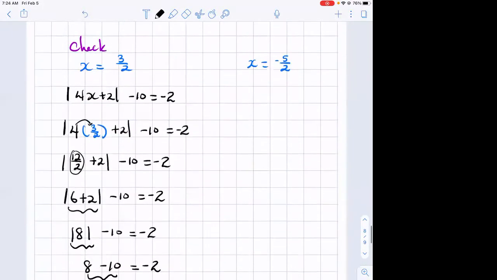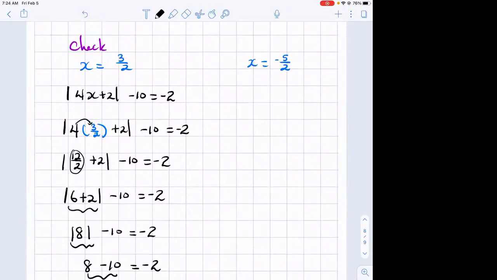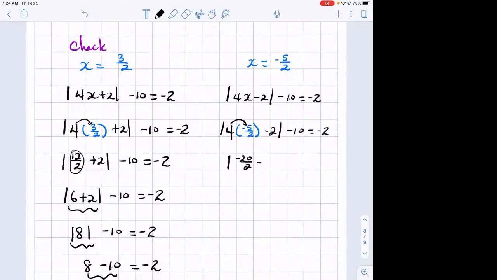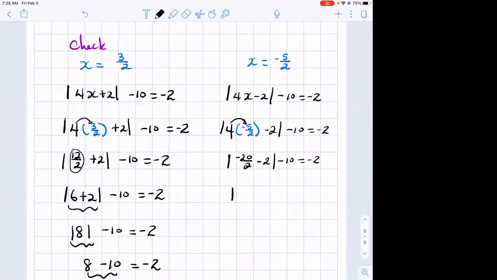Now we have to check if x equals minus 5 halves is an answer also. So the absolute value of 4x minus 2 minus 10 is equal to negative 2. Now our x value is minus 5 halves. If we multiply this, it becomes minus 20 halves. And minus 20 divided by 2 is negative 10.